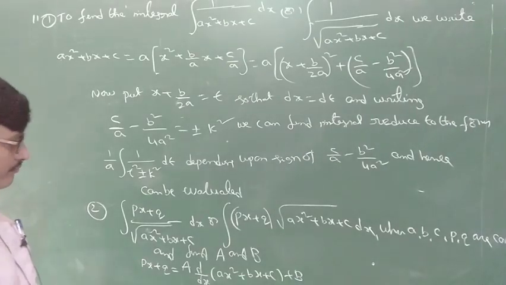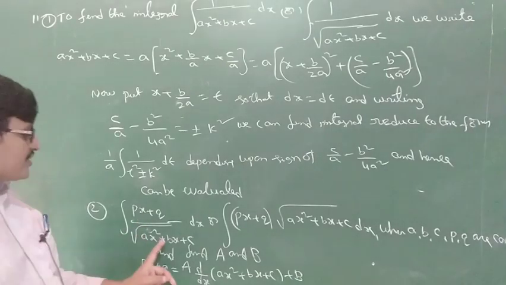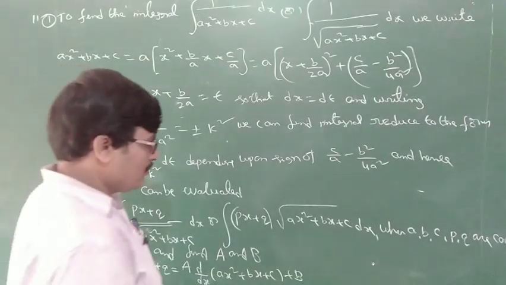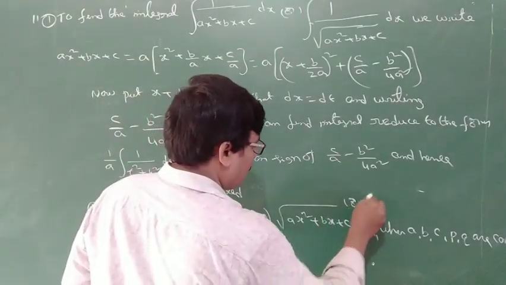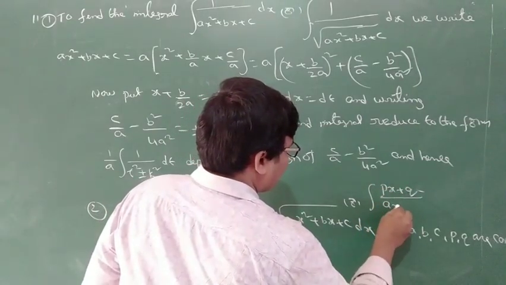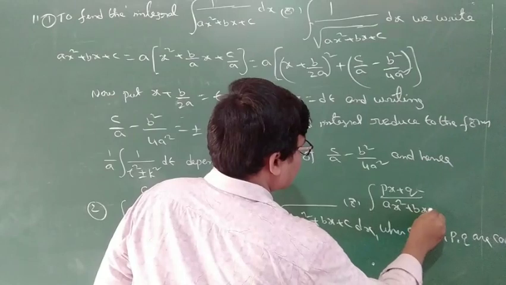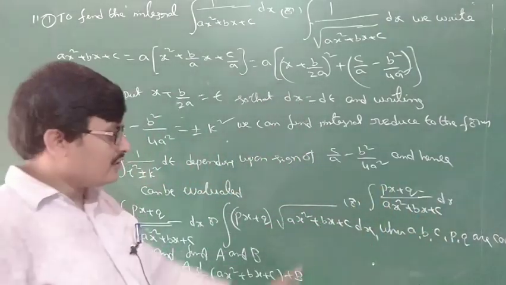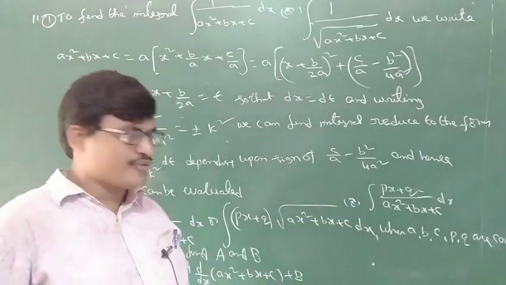Or px plus q by ax square plus bx plus c also. Same. Okay. Or integral px plus q by ax square plus bx plus c dx. There is no textbook for this, but this type also has the same procedure.